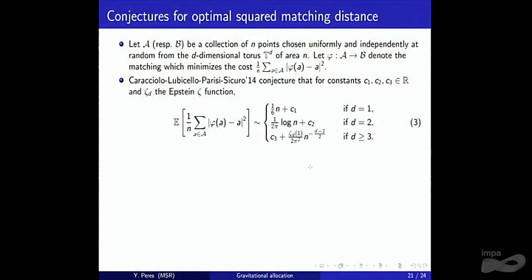I showed you the root log n, but in fact we can analyze any moment. The kth moment of the distance traveled is going to behave like root log n to the k. But they were interested in a sharper thing, in the constants in front. Let's focus on the two-dimensional case, which is what we're discussing here.